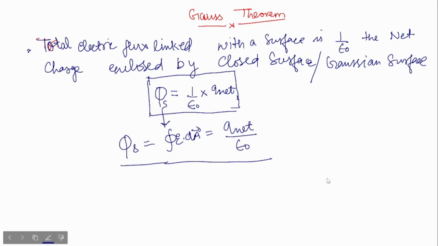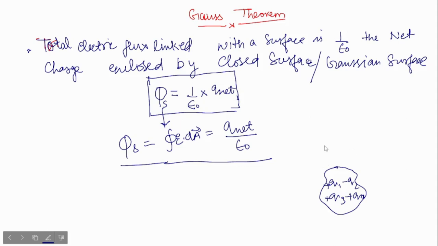Suppose this is a closed surface, and there are charges q1, minus q2, q3 and plus q4 inside, and a minus q5 outside.